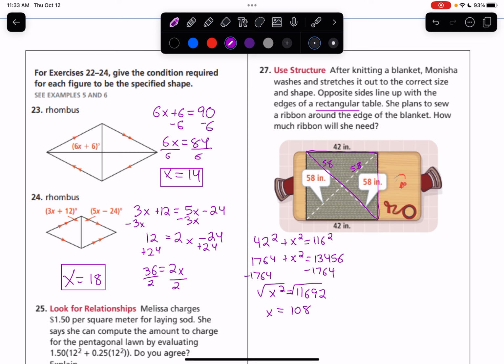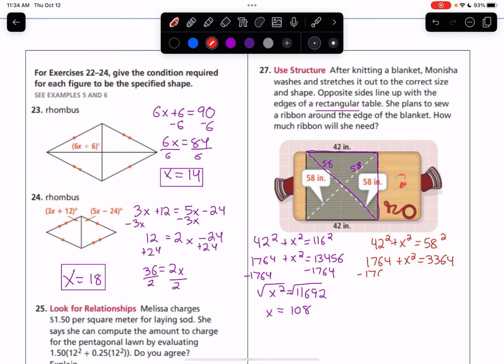Okay, the other possibility is you thought 58 was the entire length of the diagonal. So in that case, that would be 42 squared plus x squared equals 58 squared. So that would be 1,764 plus x squared equals 3,364.